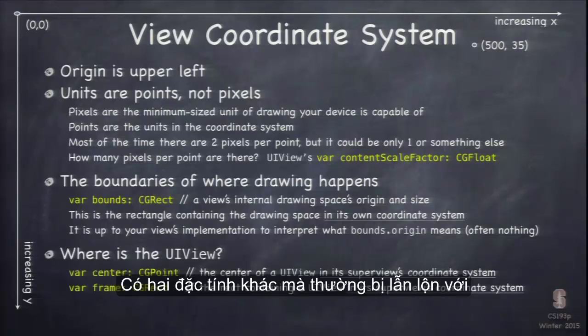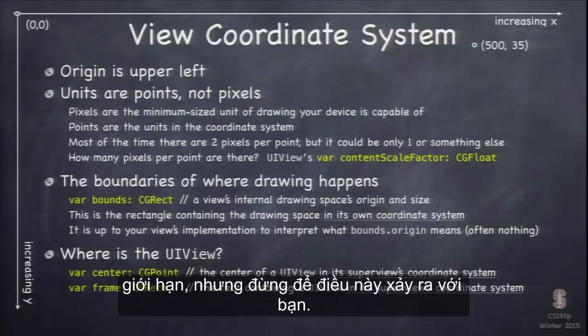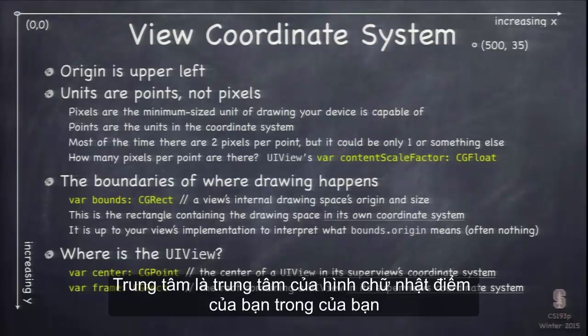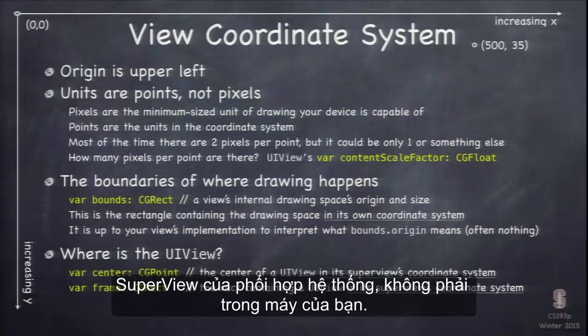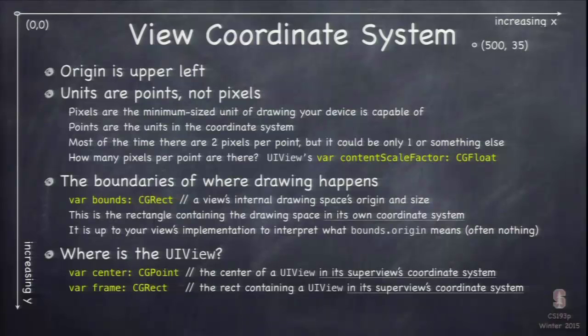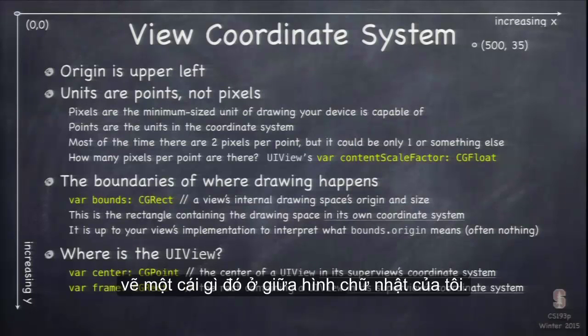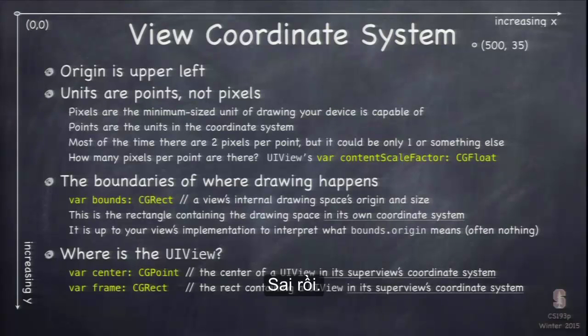There are 2 other properties that often get confused with bounds, but don't let this happen to you. One is center. Center is the center of your view rectangle in your super view's coordinate system, not in yours. So if you write code that says, oh, I want to start drawing something in the middle of my rectangle, I'll get center, that's wrong. Okay?